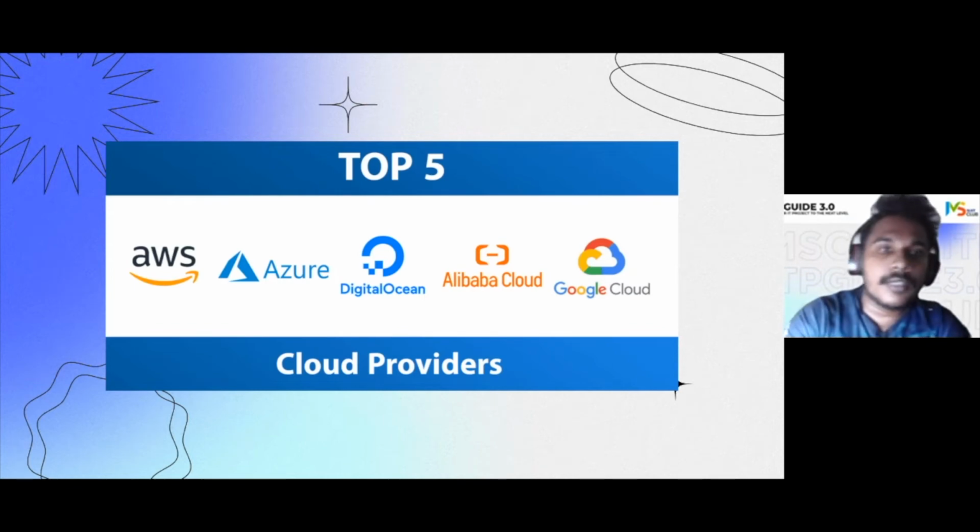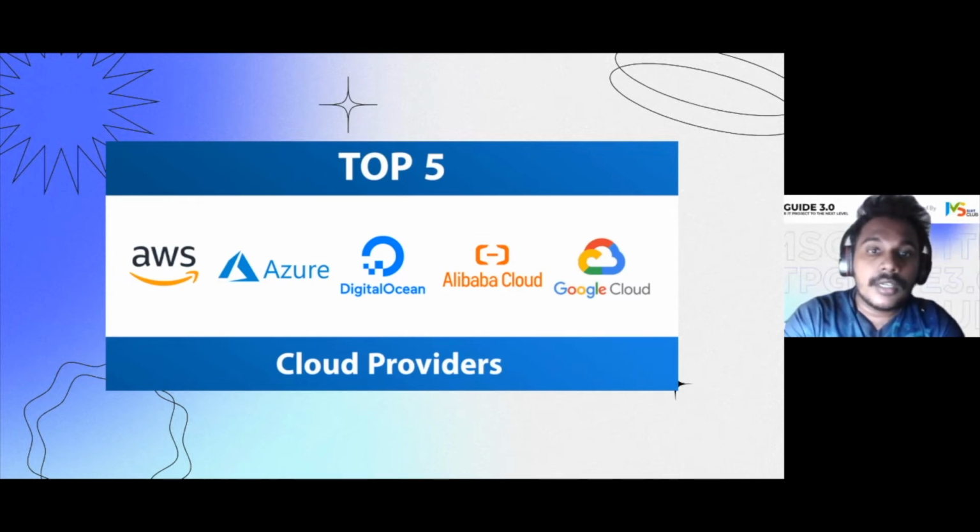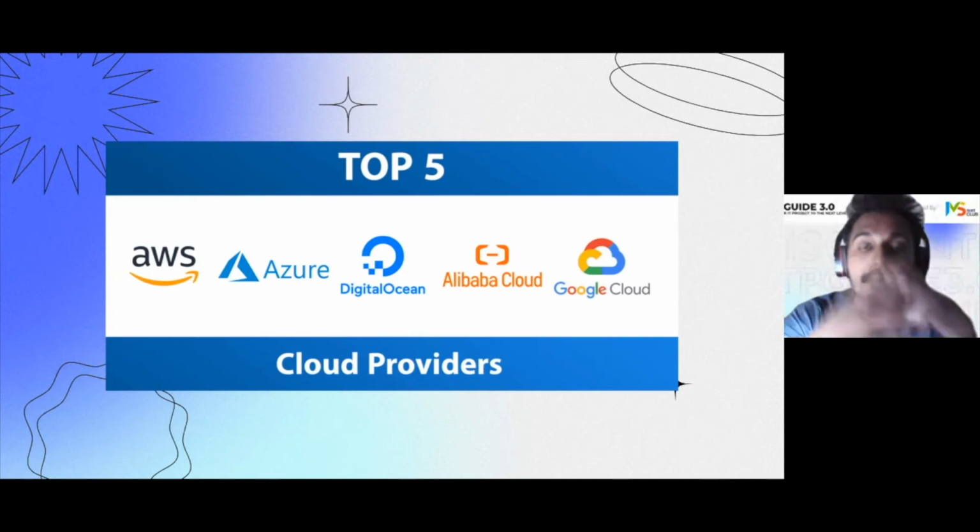First we can use Amazon AWS, after that Microsoft Azure, DigitalOcean also, Alibaba Cloud, and Google provides Google Cloud. So they are the top cloud providers, providing cloud technologies and all the facilities.